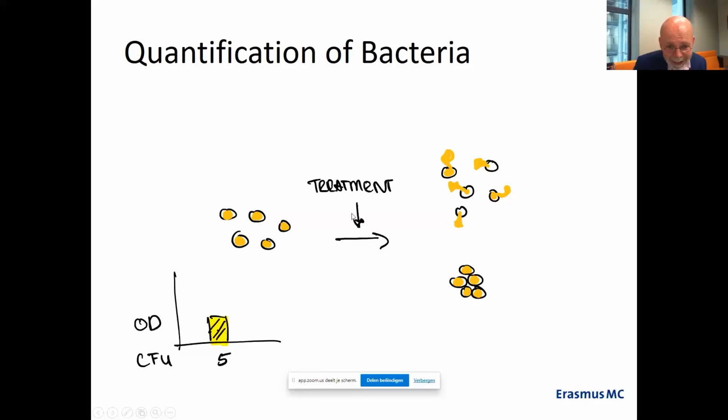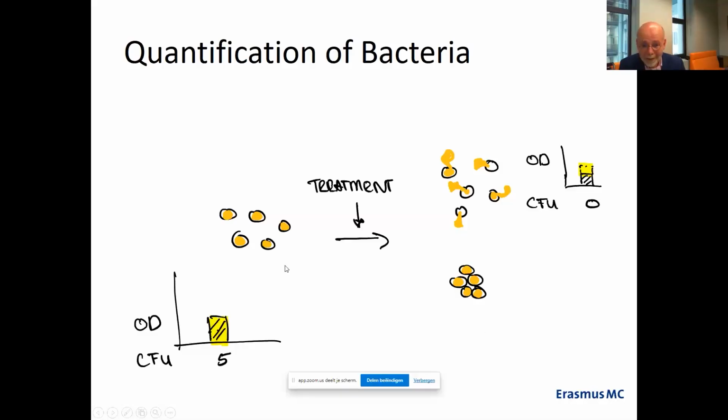On top of that, if I have, for instance, my 5 bugs, my 5 CFU, treat them, and in one case allow the bugs to lyse, then I will have a reduction in optical density and also a reduction in CFU.